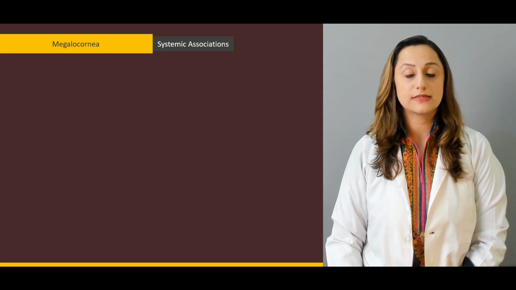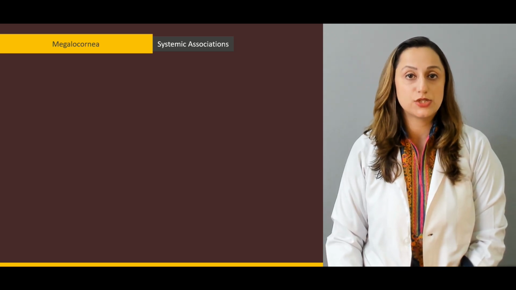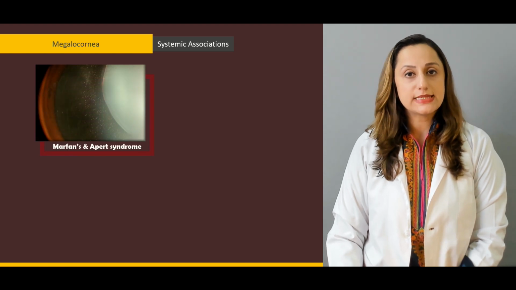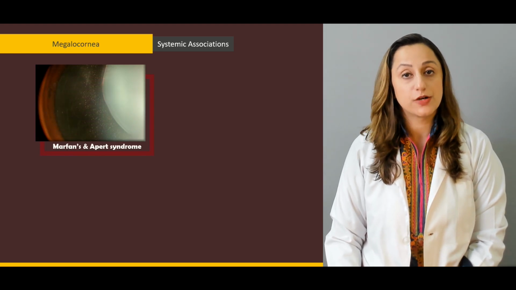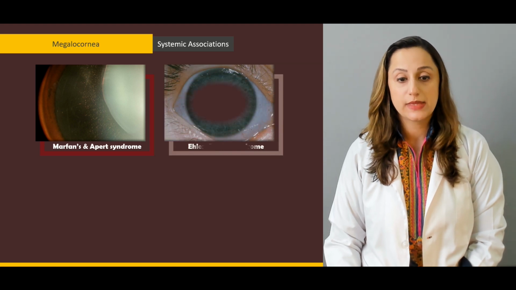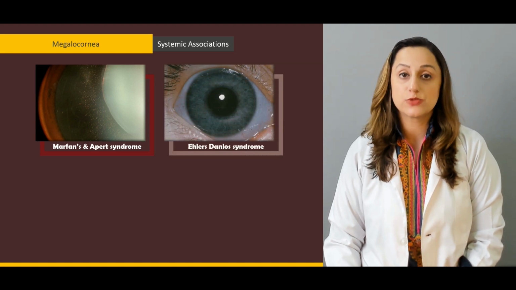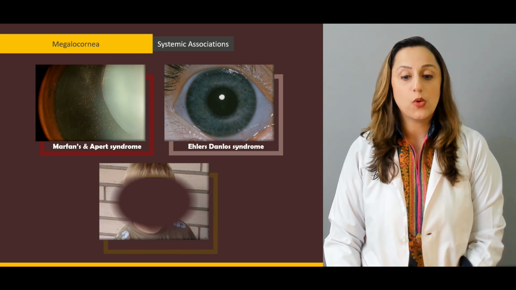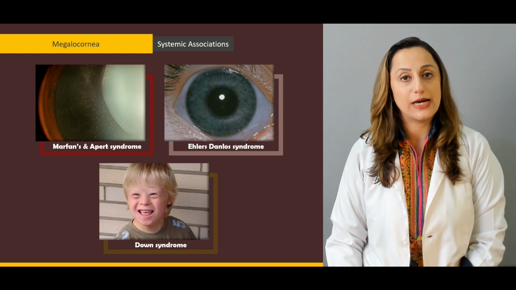There are these systemic associations with megalocornea. You usually see that the child may be suffering from Marfan's and Apert syndrome, as well as Down syndrome or Ehlers-Danlos syndrome.